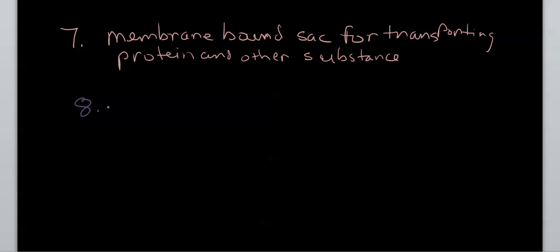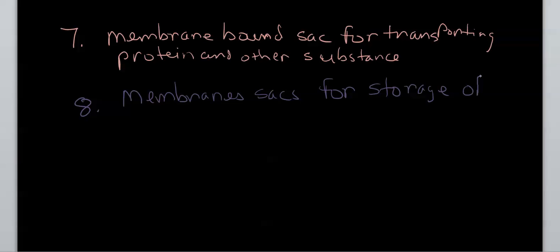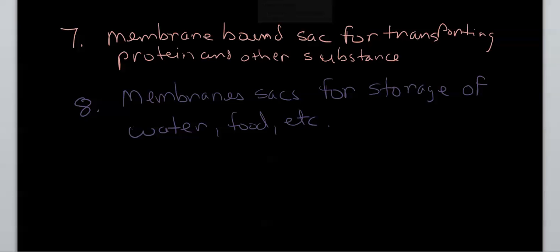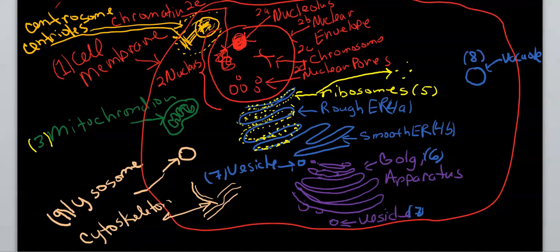Then we have 8 vacuoles. These are membrane-bound sacs for storage of water, food, etc. Number 9 is the lysosome, but we forgot to put a number for our 2 last ones, so let's number them.